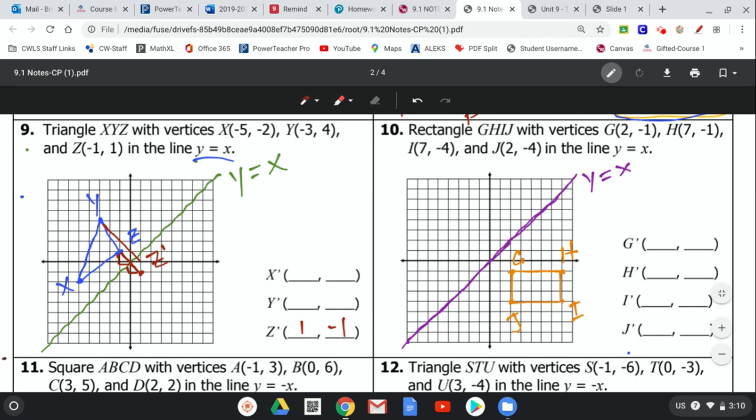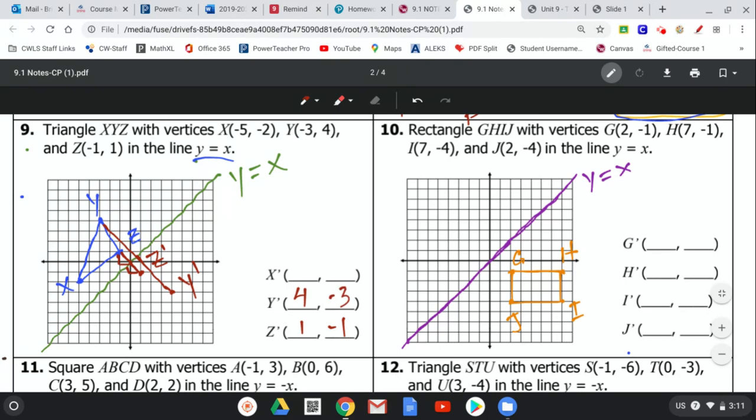So basically, we're intersecting that line y equals x at a perpendicular line. That's going to be the shortest distance from our coordinate to the line of reflection. So if I do that, that's going to be 3.5 units. So I'm going to go 3.5 straight across. All right, so that's going to give me y prime right there. So the coordinate for y prime is going to be 4, negative 3.